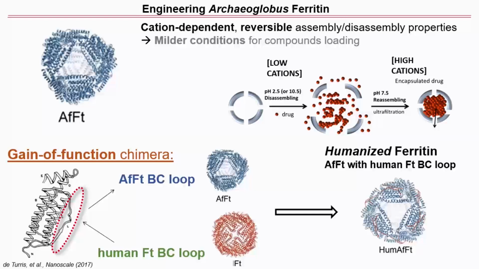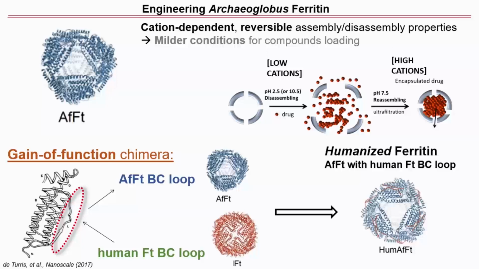Now then, the last thing I want to talk to you about is how we exploited the knowledge we acquired with this structure in order to engineer a better nanoparticle for drug delivery and possibly diagnostics. That is, we took this archaeal ferritin, actually the structure of this protein was determined at the ESRF, which is different from the human one.